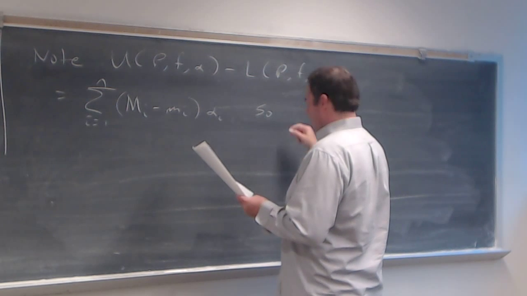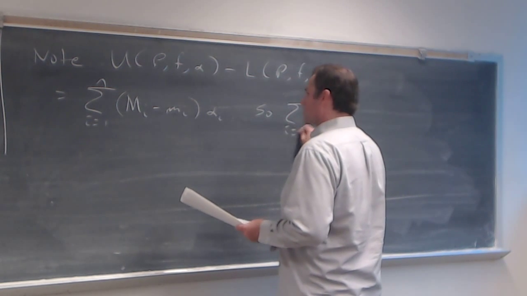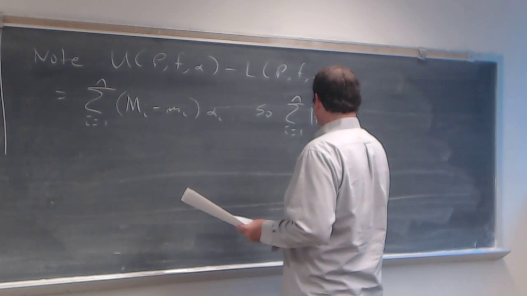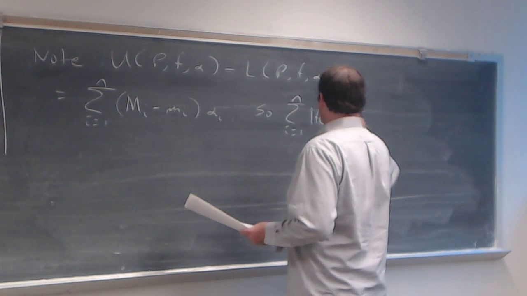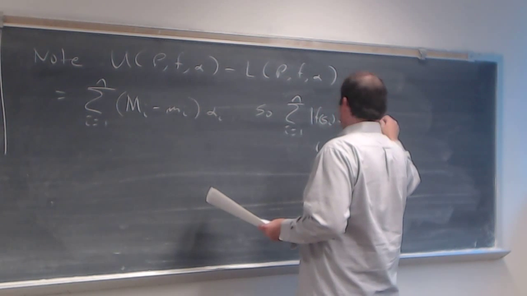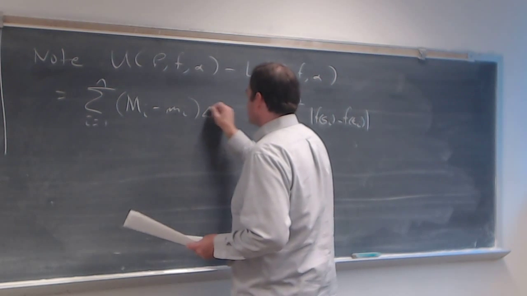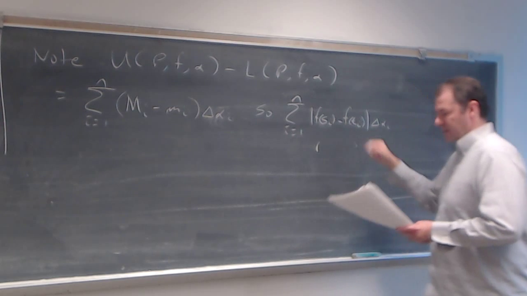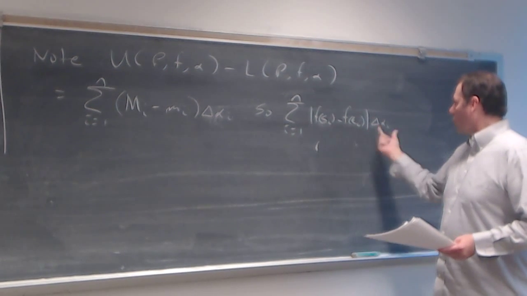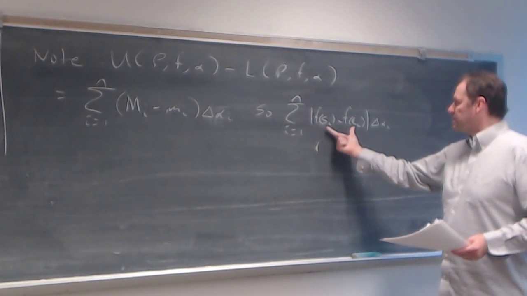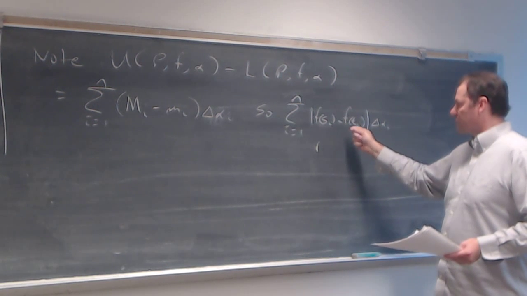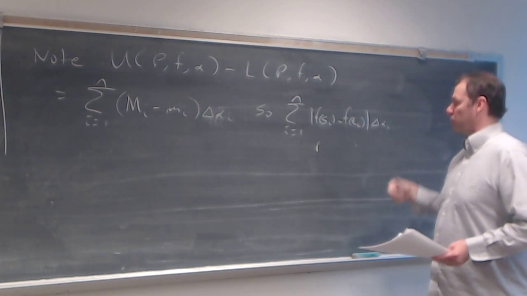So the summation as i runs from 1 to n of f of s sub i minus f of t sub i, times delta alpha sub i. Well, these are all positive quantities, and so I'm going to replace in each one of the terms that we're adding something bigger.